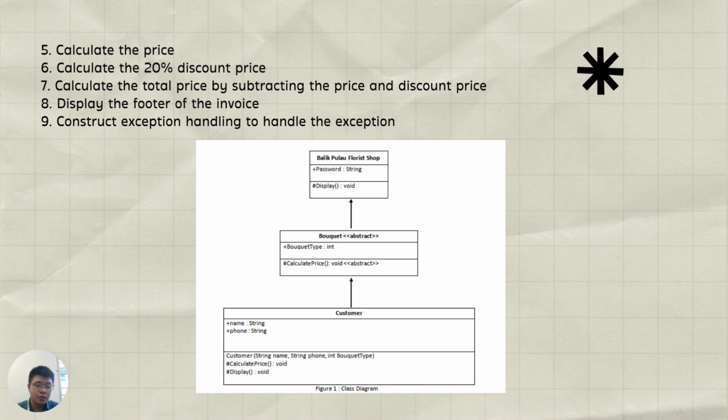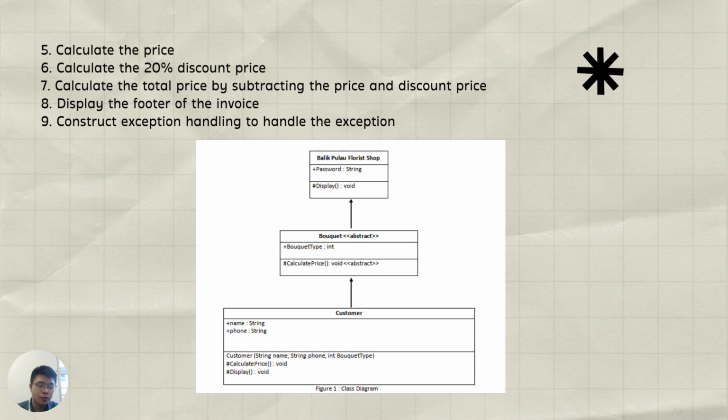Next is the Customer class. Customer will extend the abstract Bouquet class. In Customer, we have the name and phone string declarations, and a constructor below.